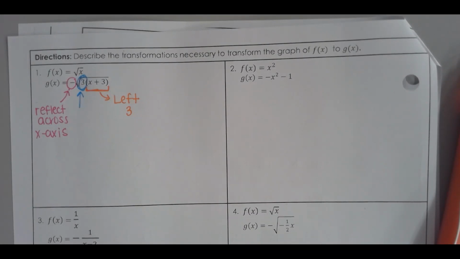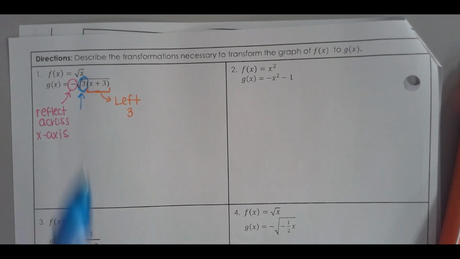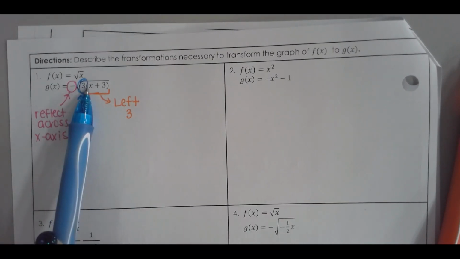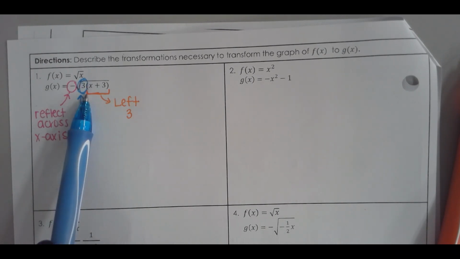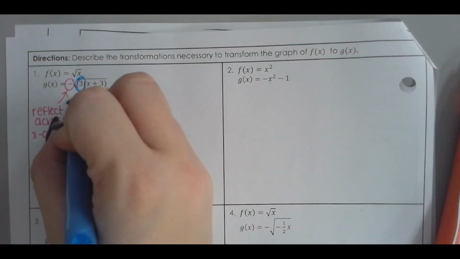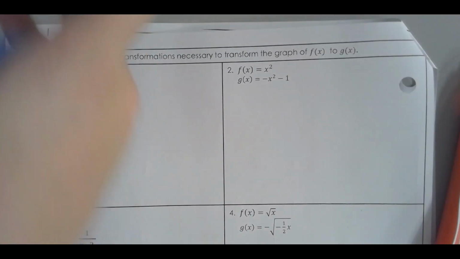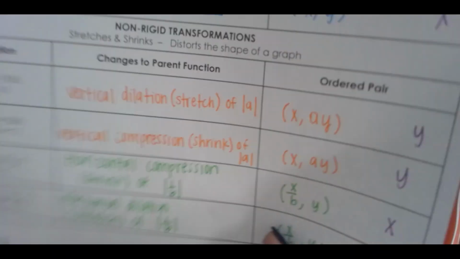Multiplying numbers, those are our dilations. The inside would be one of the horizontal ones. Is 3 bigger than 1, or is it between 0 and 1? It's bigger than 1. So that would be, nope, it's going to be the horizontal.